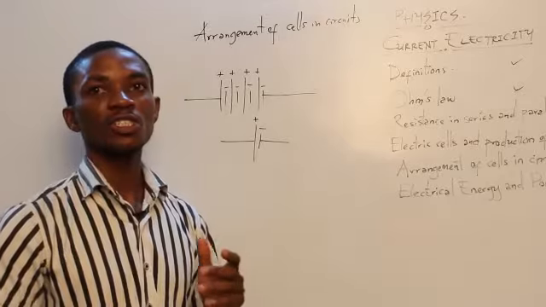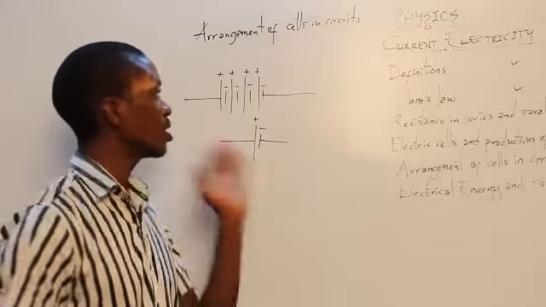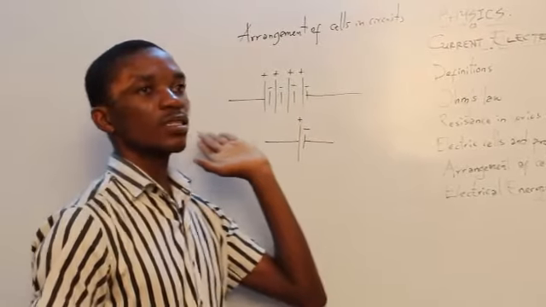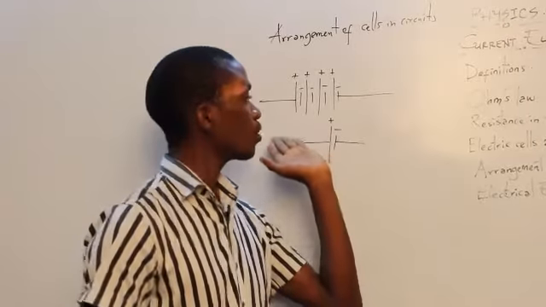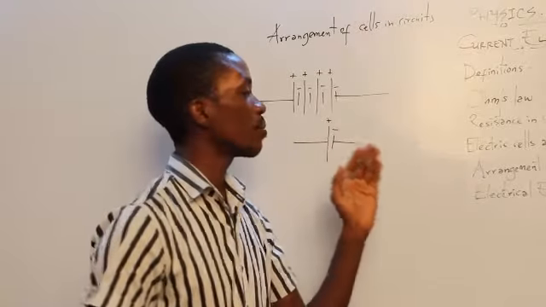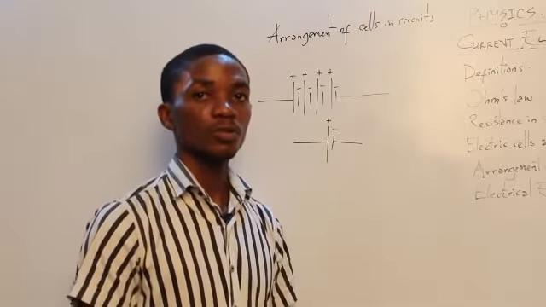If they are arranged in another direction, it shows the summation, that's the addition of each of the cells, is the amount of electricity made available to the circuit.